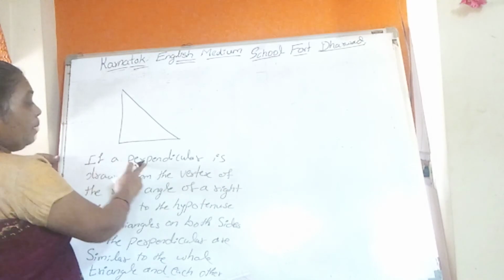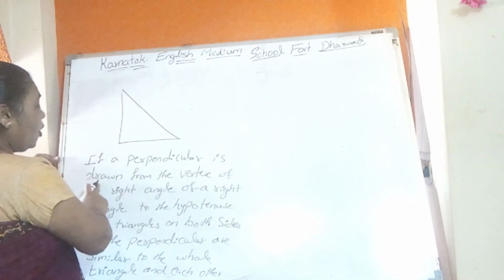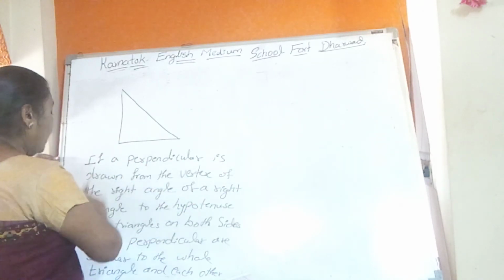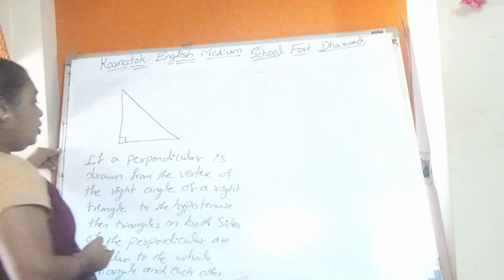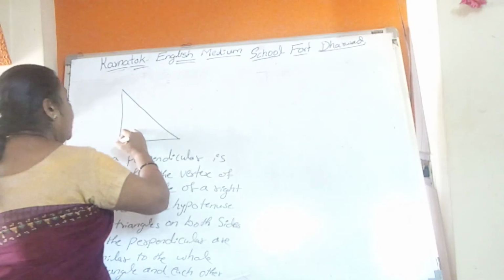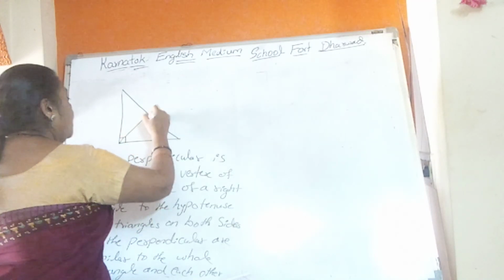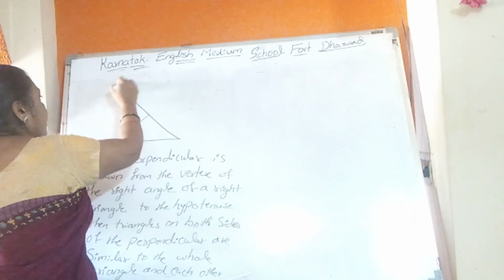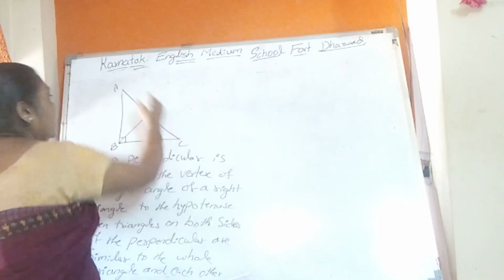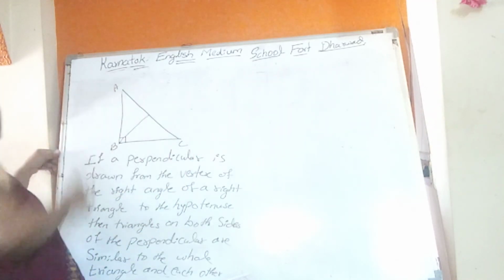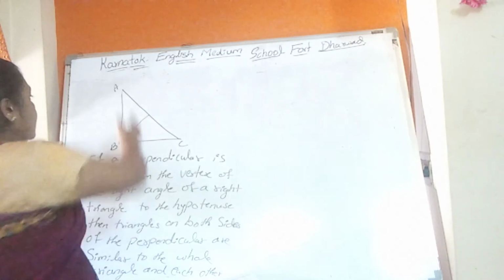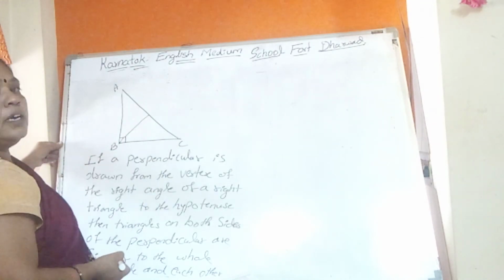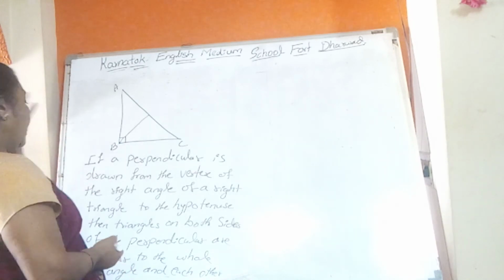If a perpendicular is drawn from the vertex of the right angle, this is the right angle. You draw a perpendicular to the hypotenuse. In triangle ABC, AC is the hypotenuse. AB and BC are the other two sides of the right angle.